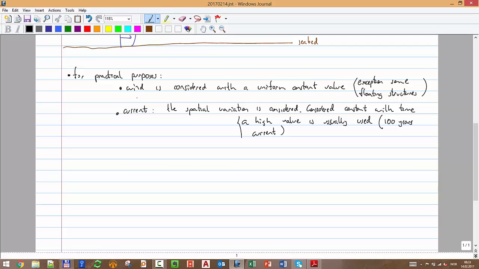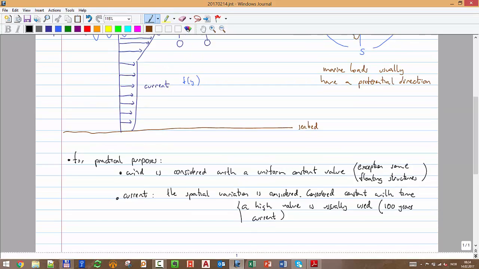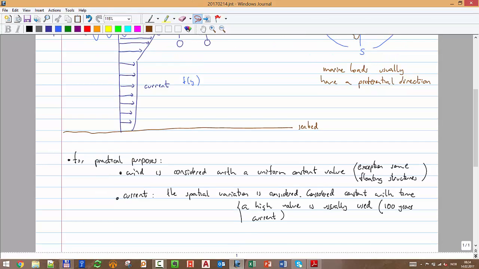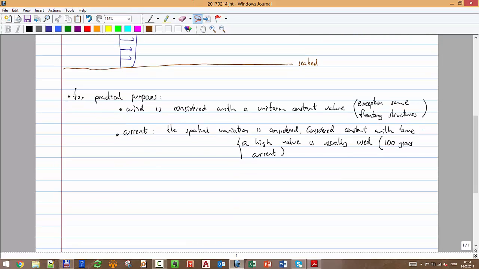Let's see. I forgot to say the periods. Wind has usually variations of hours. Current is in the range of hours.